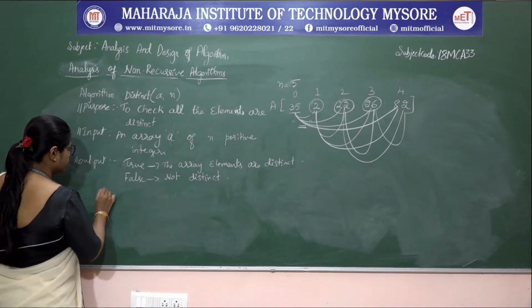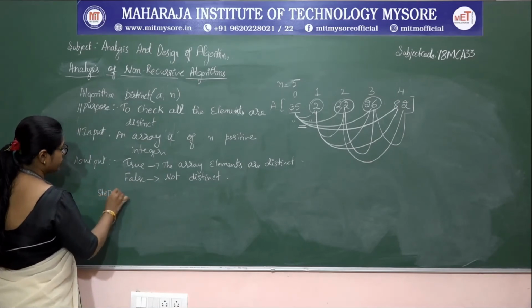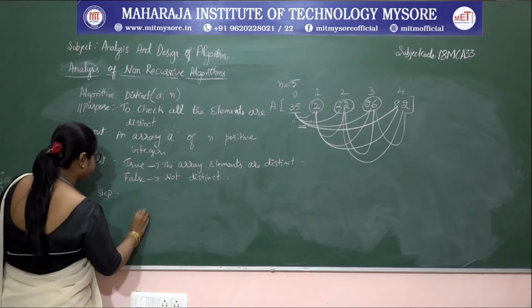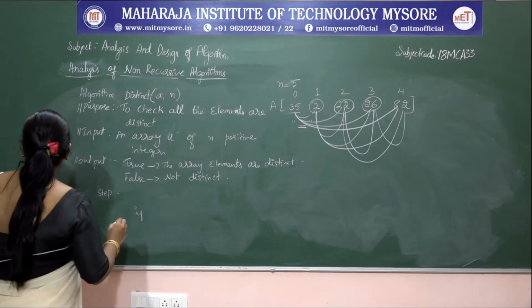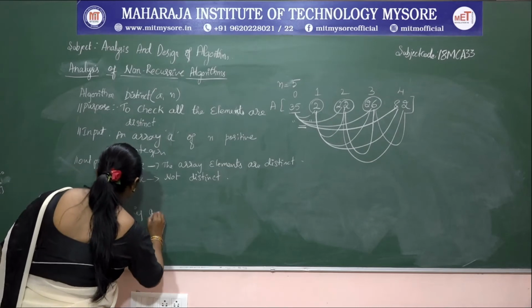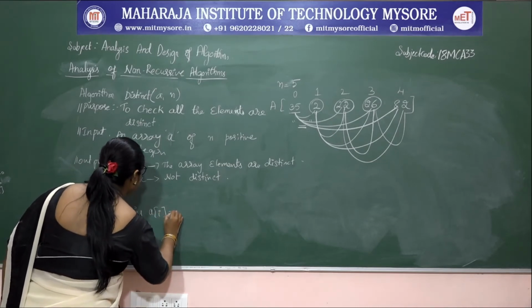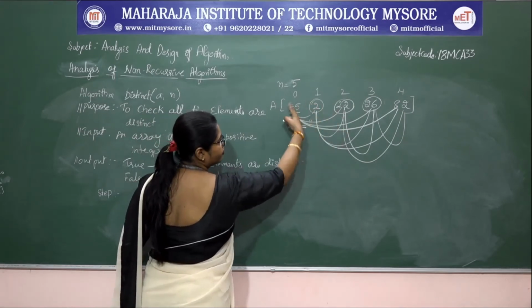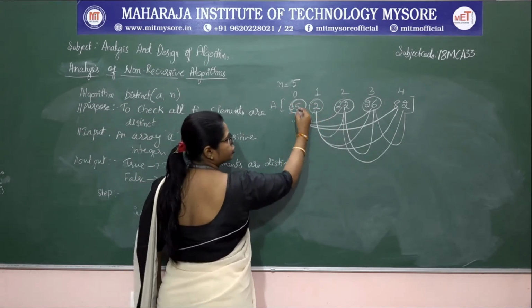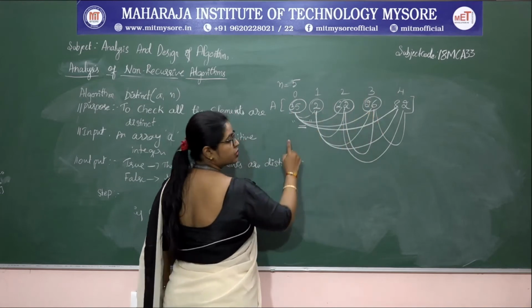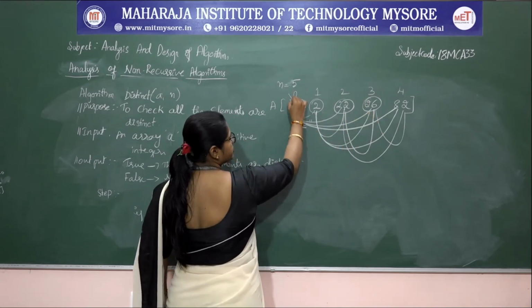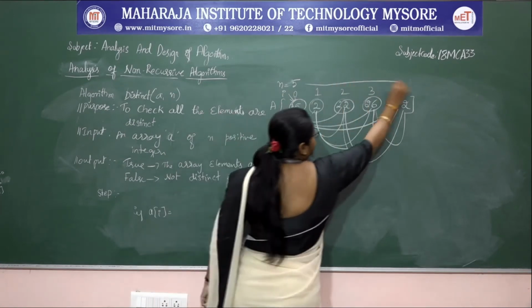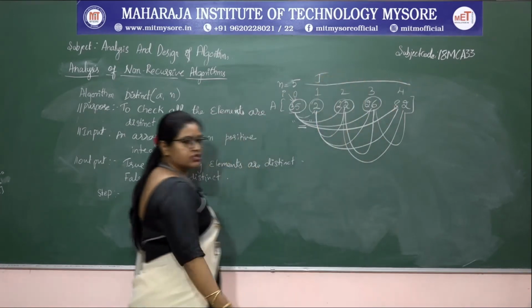So here, step 1, we need to do the comparison, right? So if a of I is equal to, see, a of I is equal to, the next comparison will be done for what? This value should be checked with all the values. To reference this I am going to use I, and to represent the remaining values I am going to use j.